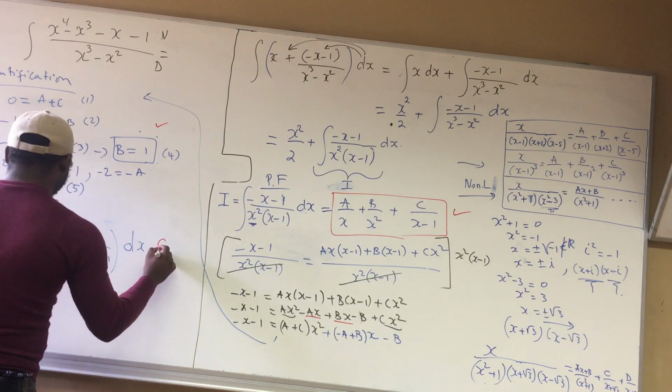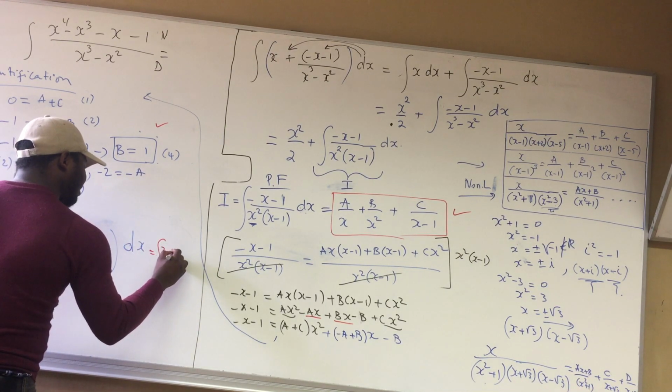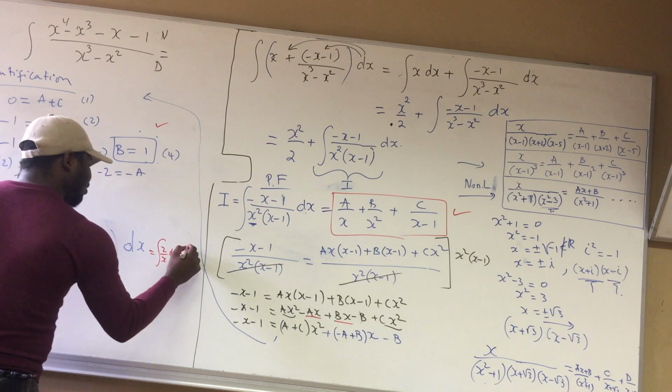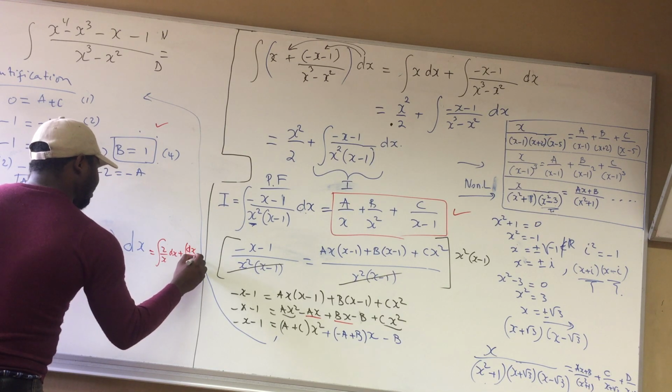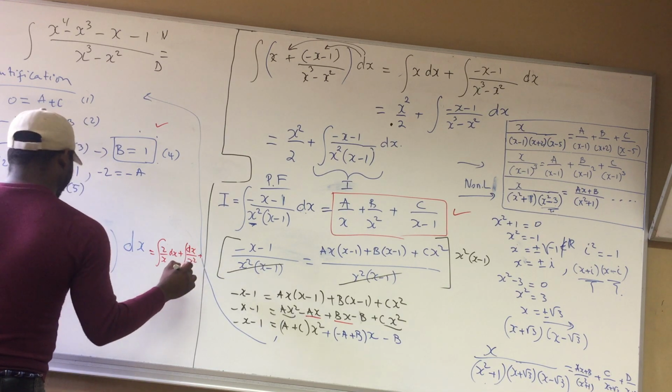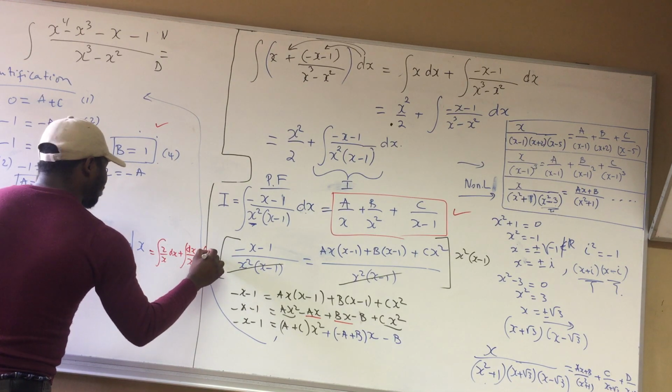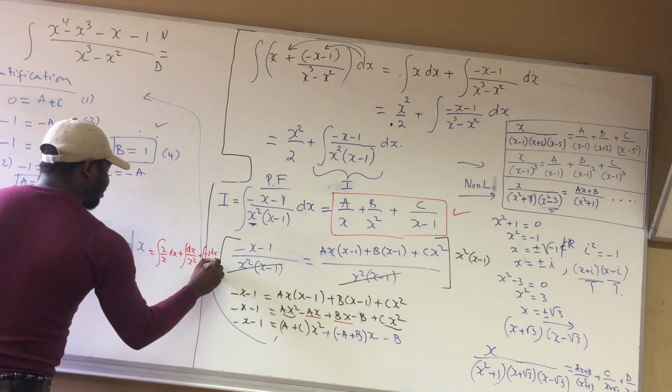It's going to give you the integral of 2 dx over x, plus the integral of 1 dx over x squared, plus the integral of minus 2 dx over x minus 1.